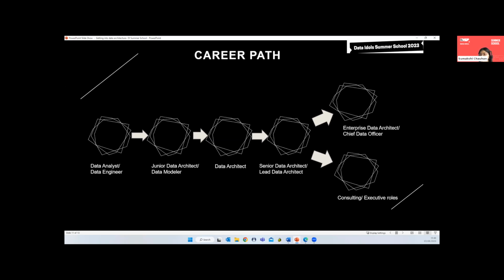The other is the consulting or executive roles, where consulting is more of a freelancing role, where such an experienced person holds great experience to consult on any data-related projects.